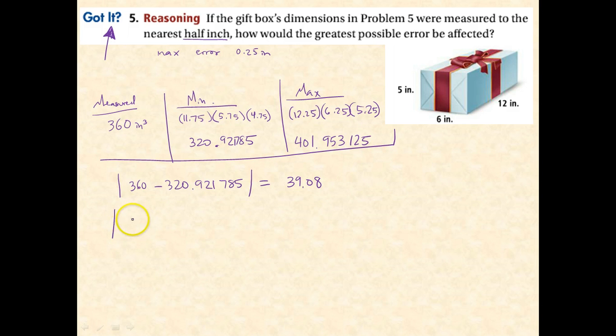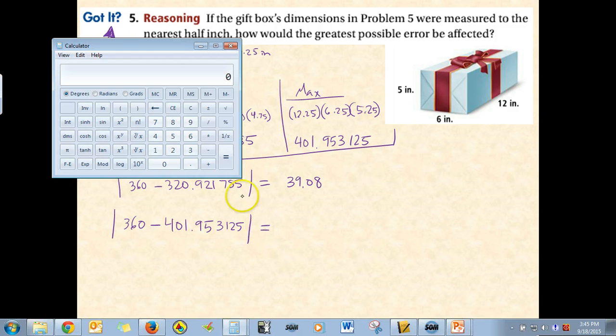And then for this one, absolute value of 360 minus 401.953125.